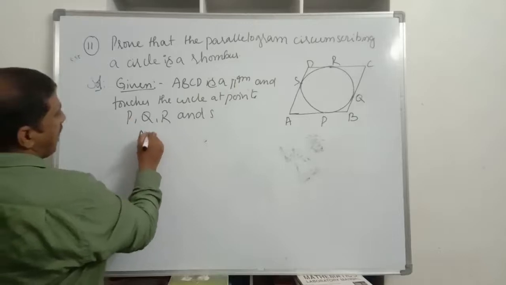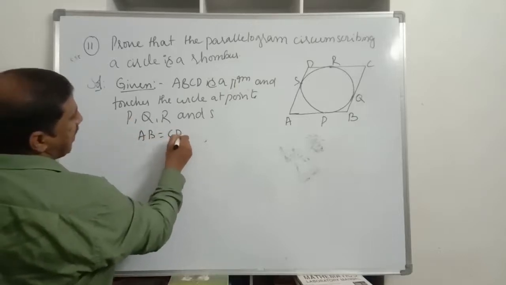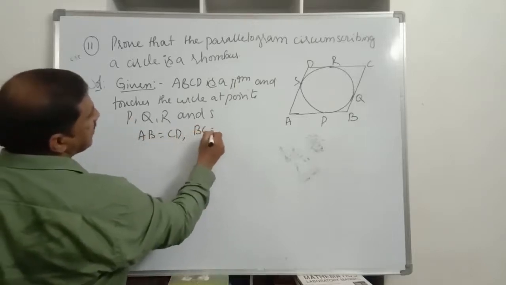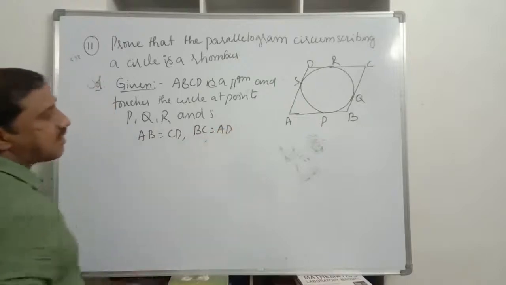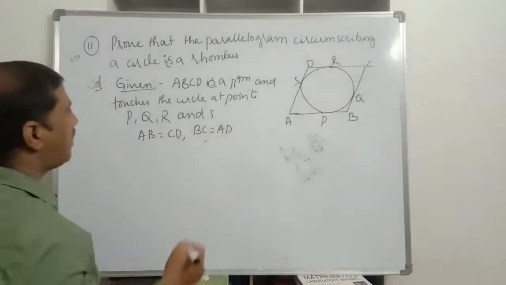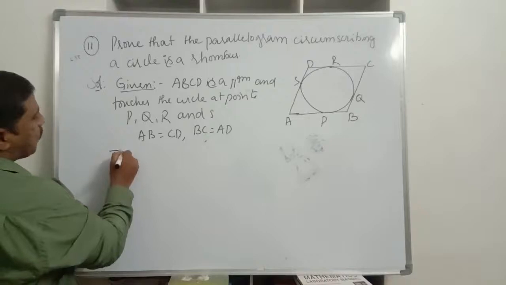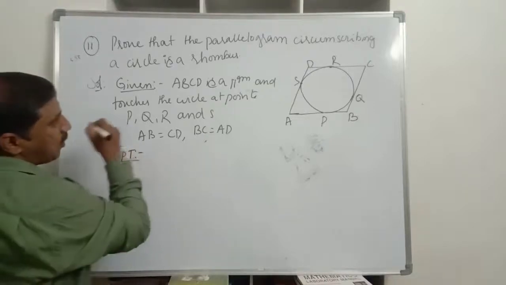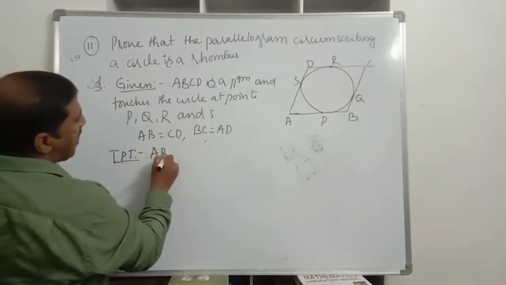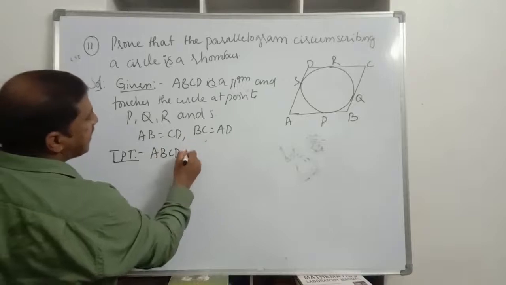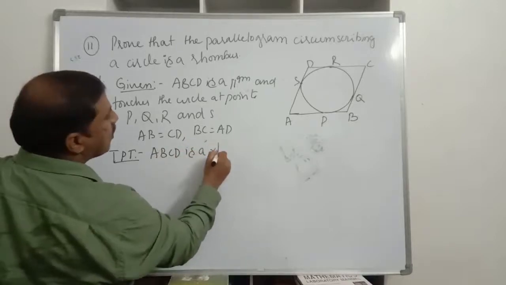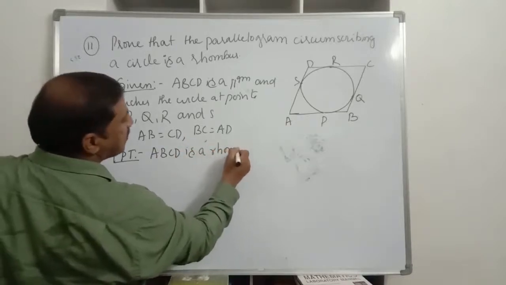That is, AB is equal to CD and BC is equal to AD. Two pairs of opposite sides are equal. Now what we have to prove? Sorry, ABCD is a rhombus. We have to prove it is a rhombus.